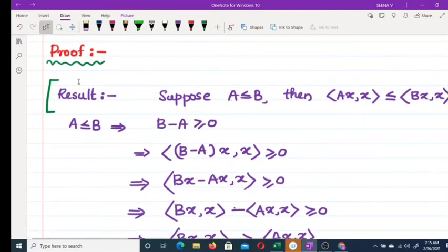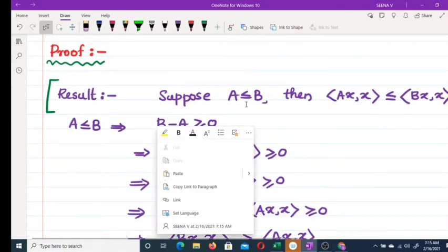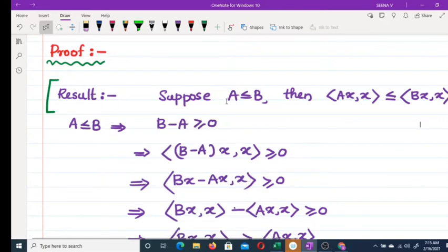Suppose we have A less than or equal to B. What is the meaning of that? A and B are both symmetric and B minus A greater than or equal to 0. So the result is: suppose A less than or equal to B, then inner product (Ax, x) is less than or equal to inner product (Bx, x). What is the meaning of that?